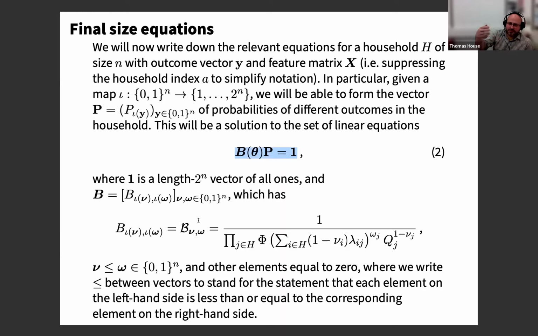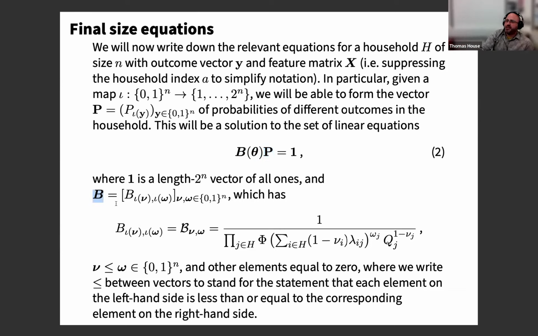So this resolves the problem I was talking about, your outcomes depending on someone else's outcomes. This P here is a vector of the probabilities of every different outcome, like no infections, 1 infection in the house. You know, Fred gets infected, Fred and Giles get infected, Fred, Giles and Sarah get infected, right? Every possible outcome is given a probability by that vector. So you solve the whole thing in one go.